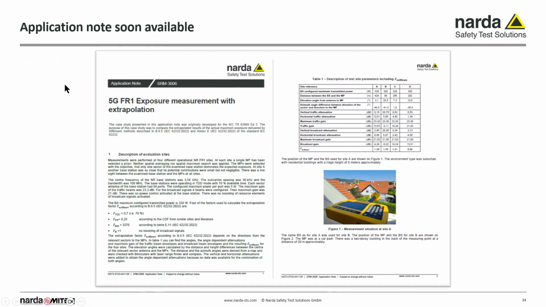This application note is describing the techniques on beamforming antennas, how the extrapolation can be done, also with different measurement examples, like, for example, code selective and time selective measurements and so on. So here you will find a lot more information.